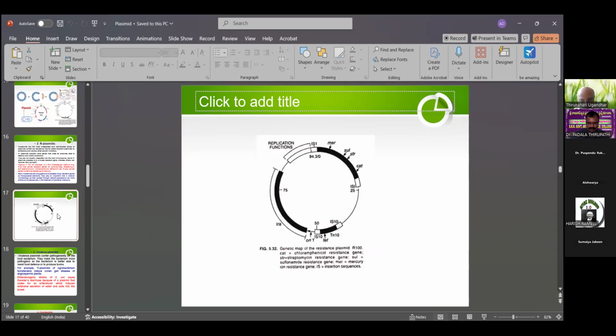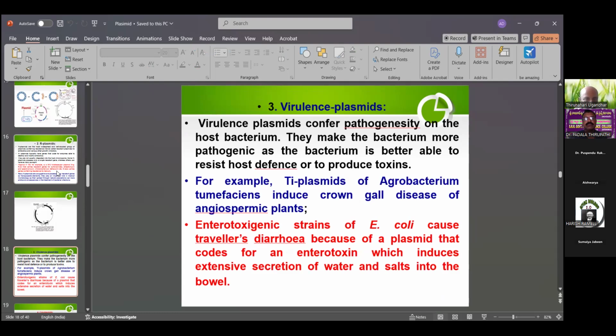Next to this one is also 5.32, the genetic map of the resistant plasmids, the replication. The genes are located in a circular manner, which is called an R plasmid.